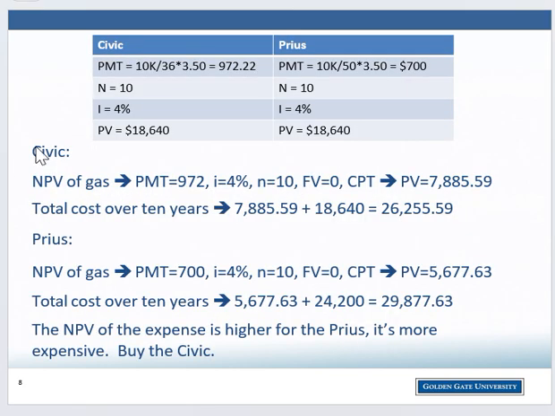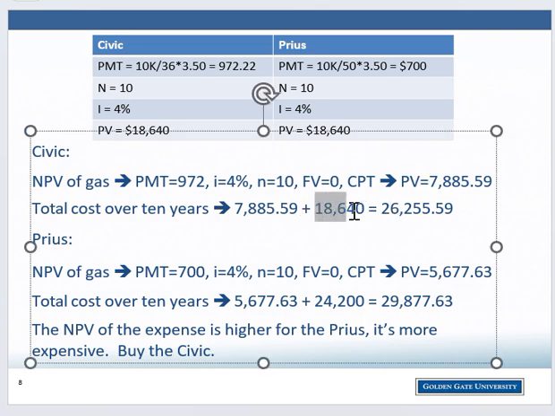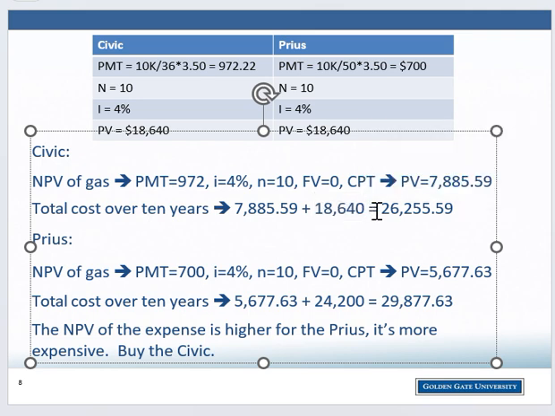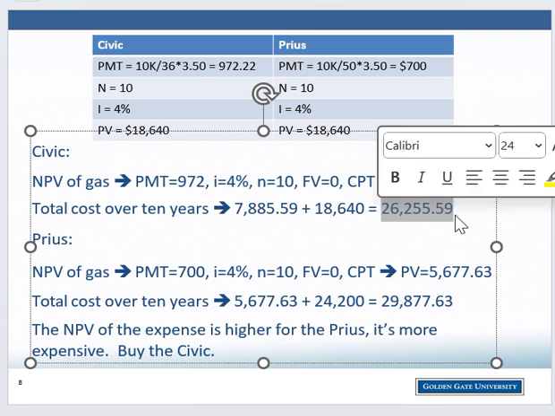Now, in order to do that, what I'm going to calculate is the net present value of gas for the Civic. That turns out to be $7,885. I'm going to add that to the original cost of the car, and my total operating cost is going to be $26,255.